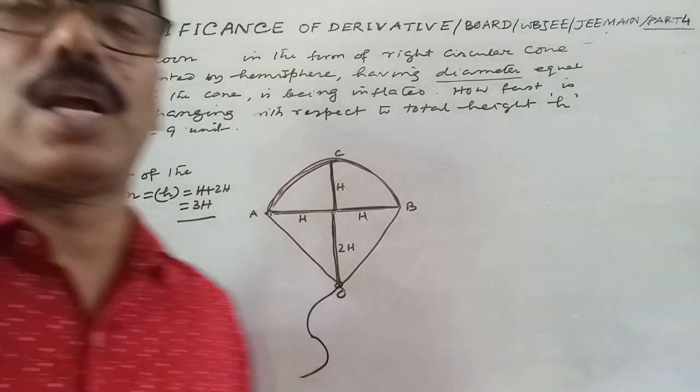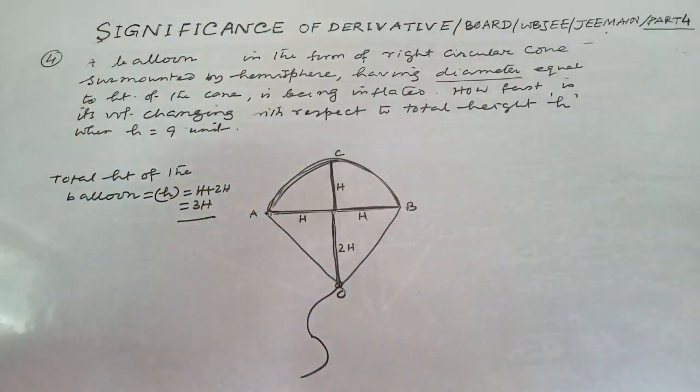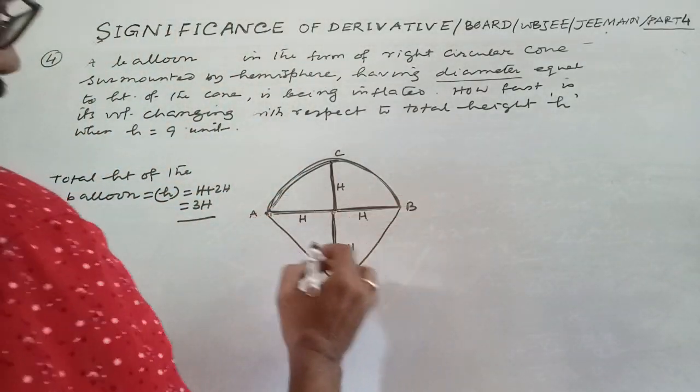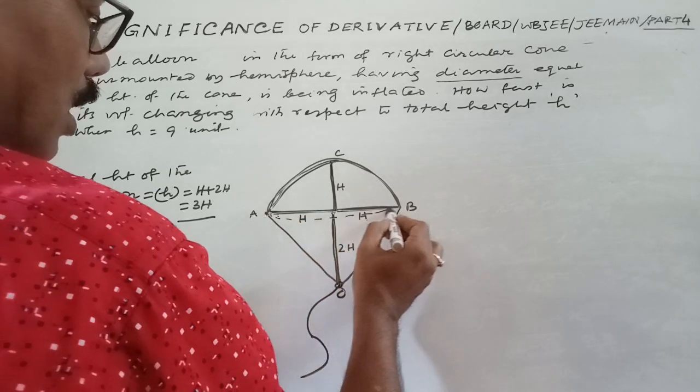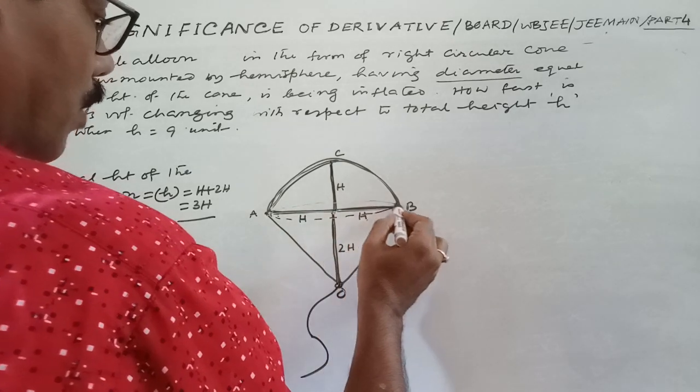This is the total height. Now what is the volume? It has two parts. One is the conical part and one is the hemispherical part.